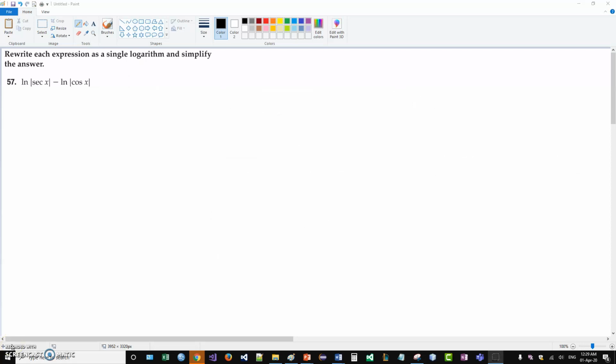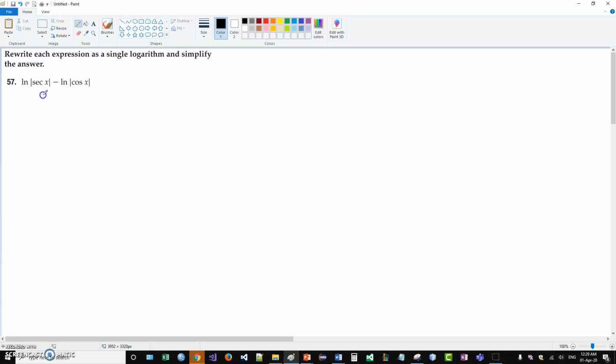Alright, this is something a little bit different. Rewrite each expression as a single logarithm and simplify the answer. This is a good revision of the logarithmic properties. So ln secant x minus ln cosine x.